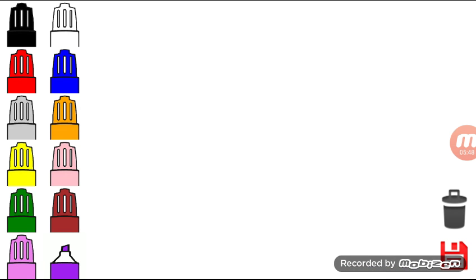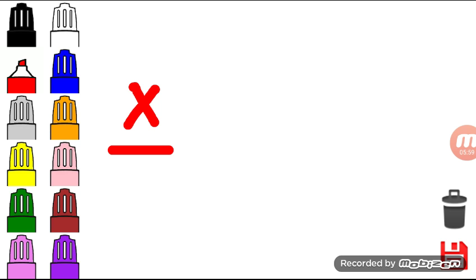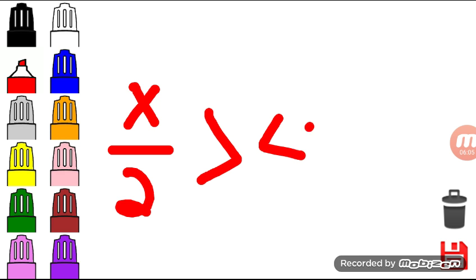Okay, so now I'm going to do one for division. And this is how you could set up a division one, or one of the division problems might come up as. So x divided by 2 is greater than 4. Okay, so what you do here, so the opposite of, it's not a fraction.